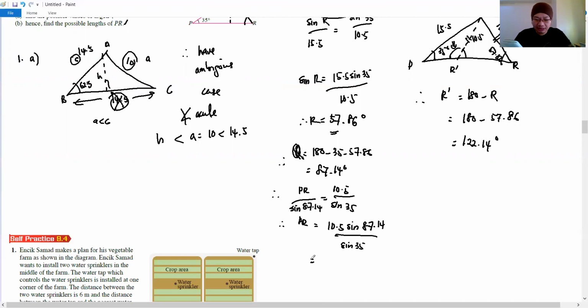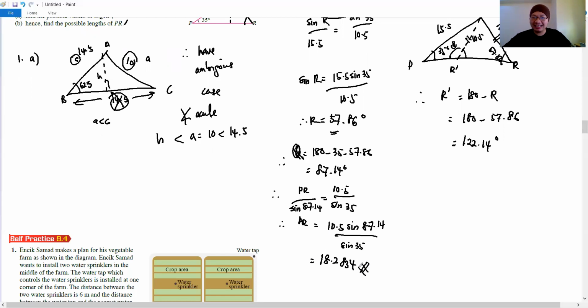Okay guys, this is the answer. 18.28 something. So this is the first answer, 18 point something. So the first answer is 18.2834. I round off to 4 decimal places. That is the first answer.